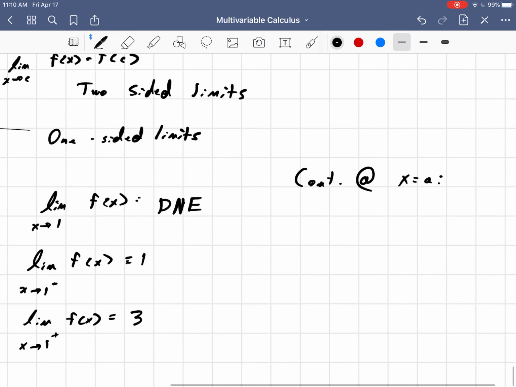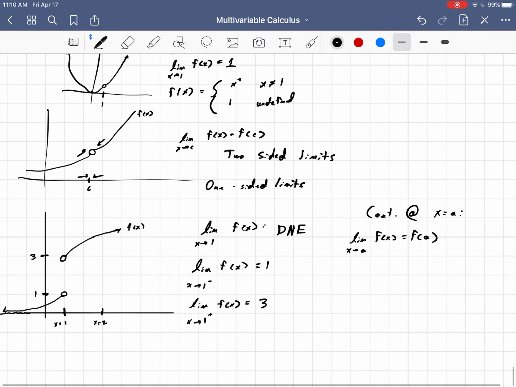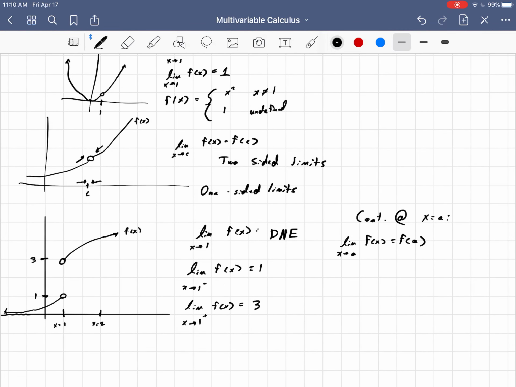We want to check if a function is continuous at a point. Let's say continuity at the point x equals a. We define a function to be continuous at x equals a if the limit as x approaches a of f of x is equal to f of a.